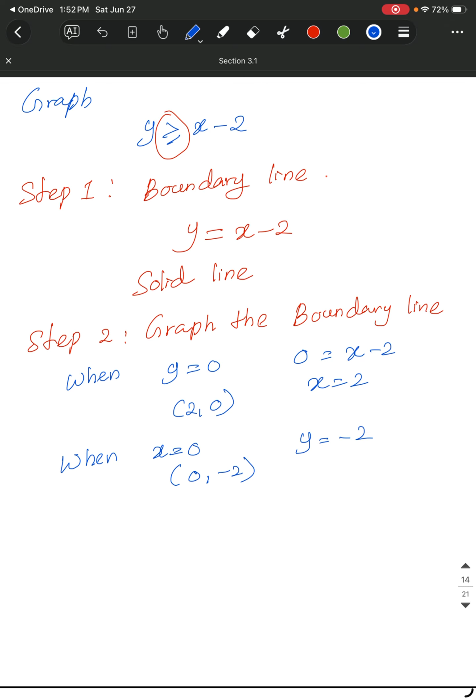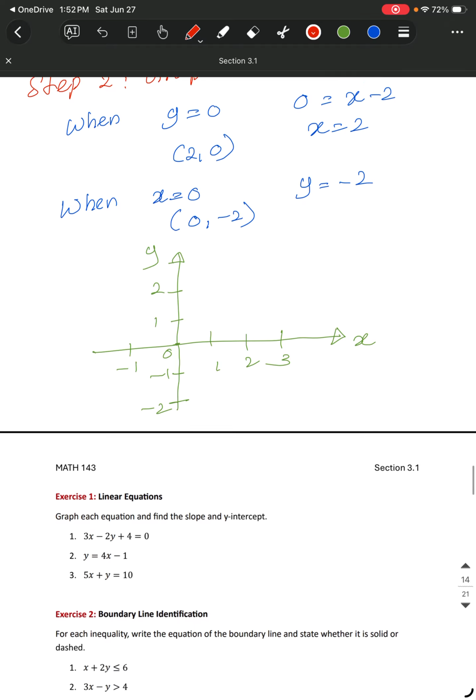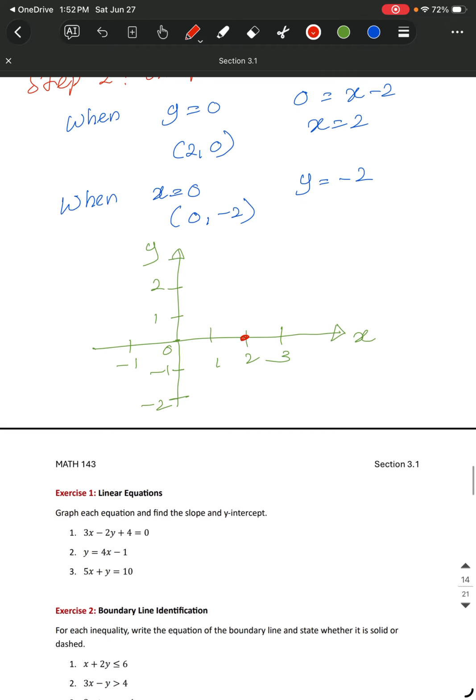So (0, negative 2). Then draw the graph. Okay, so x equals 2, y equals 0, and this. Okay, solid line.